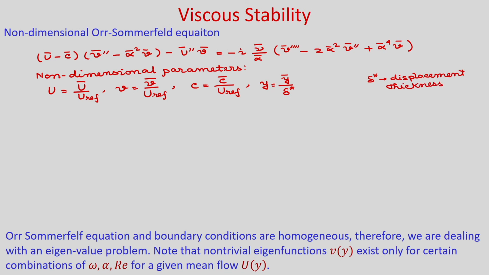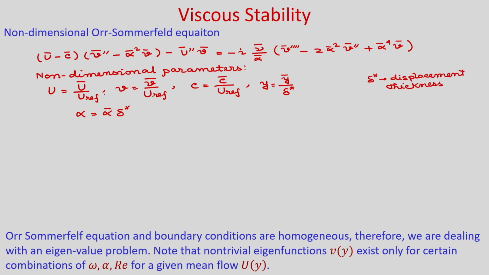Okay. So, delta star is displacement thickness. Here we are using y as non-dimensional parameter, that is why we have written y bar by delta star. So, the reference length is delta star we are using, okay, and alpha we will write as alpha bar delta star. So, this alpha is non-dimensional wave number and this c is non-dimensional wave propagation speed.